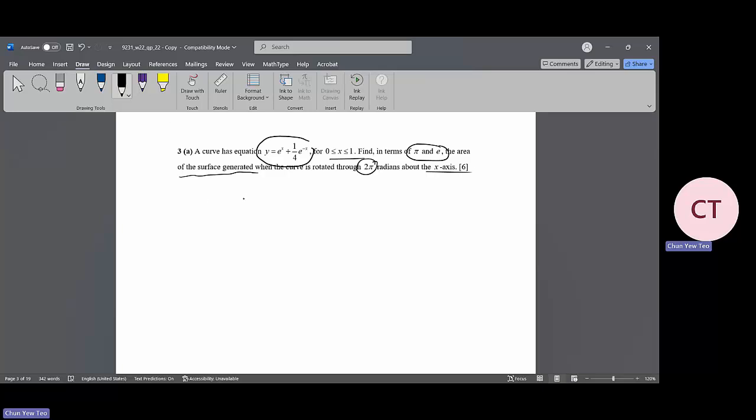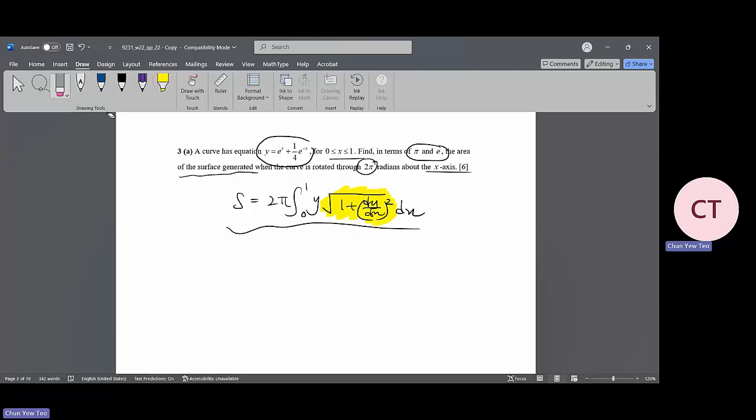Okay, so we know the formula of the surface area generated. It will be like this. This is the formula. But we will not begin with this one first. I will begin with this expression first.